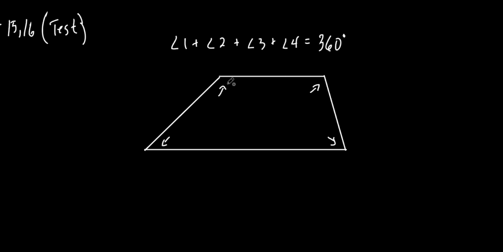So whatever this is, whatever this, and this, you add them all up, simplify it, right? Add your like terms, get x by itself, set it equal to 360, and you should be good. All right? So look for something like that. I think we went over something like that in the last class.